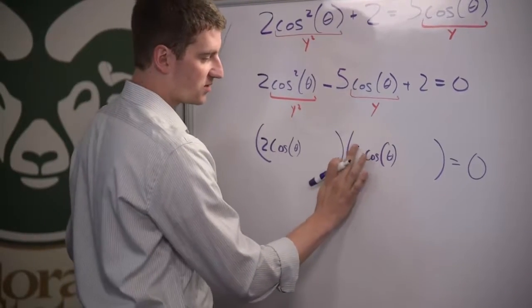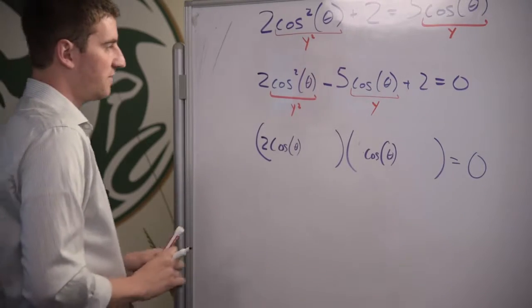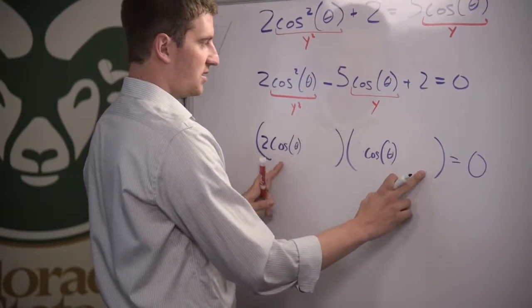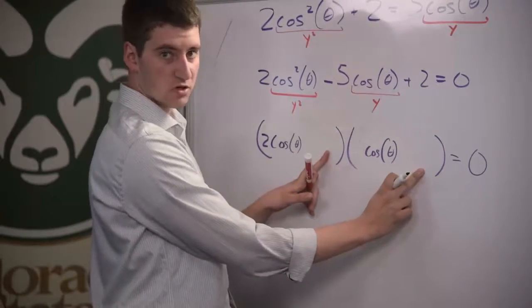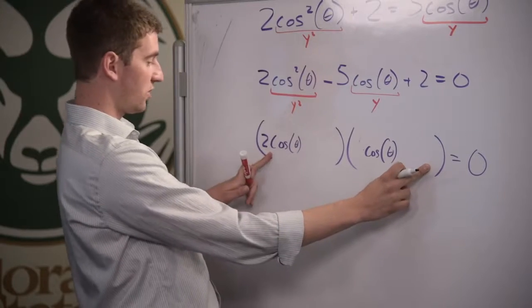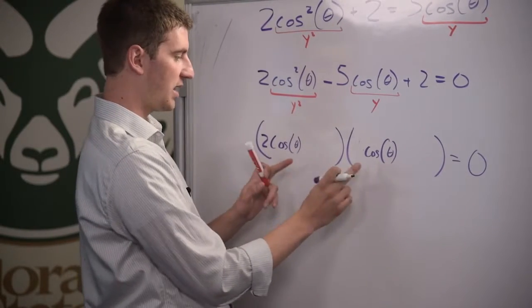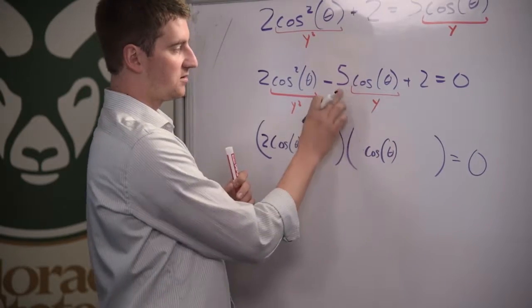Since 1 doesn't really do anything, we can just leave that. Now we want to figure out what the constants are that give us a 2. So we need 2 numbers that multiply to get 2, and when we multiply this far right number with the 2, and add that to this inside number with this 1, we get a negative 5.